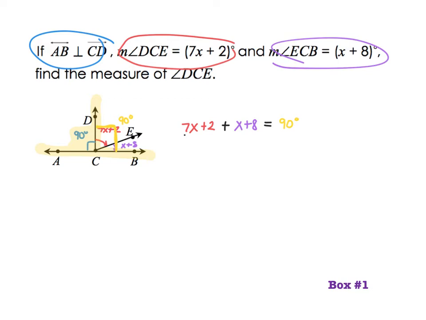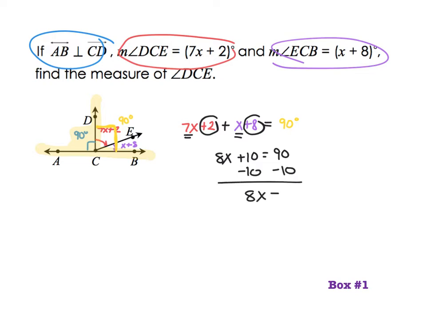Now, when I add these two, I end up with 8x. When I add this one and this one, I have 10. That is equal to 90. Subtract 10 on both sides. Subtract 10. And I have 8x is equal to 80. Divide by 8. Divide by 8. X is equal to 10. Now, they didn't ask me to find x. Okay?